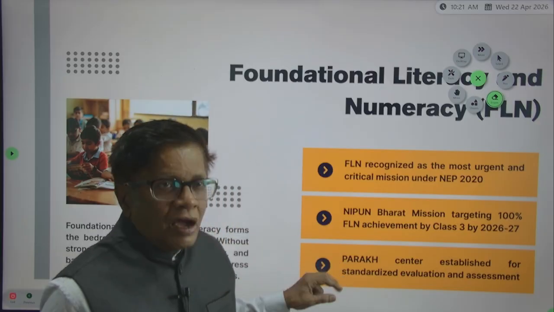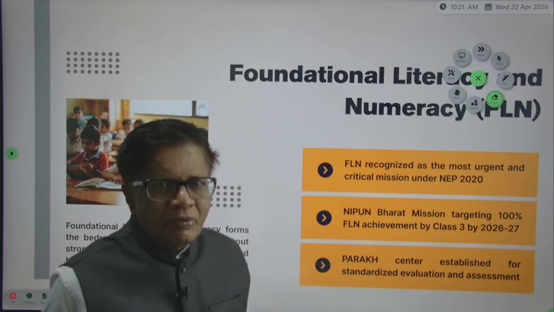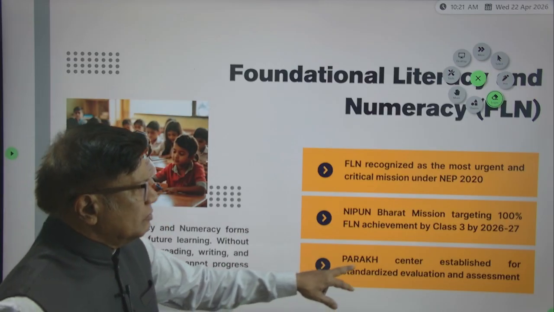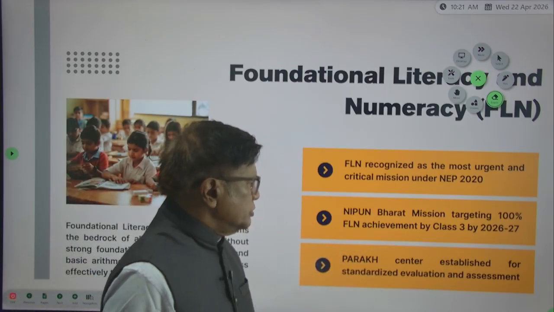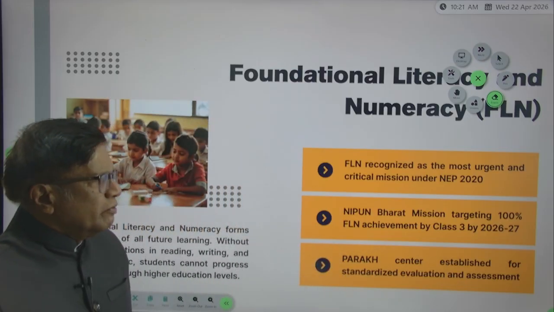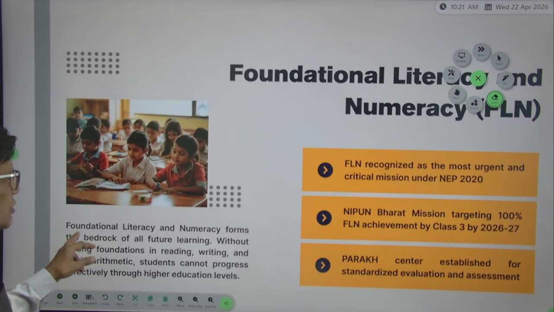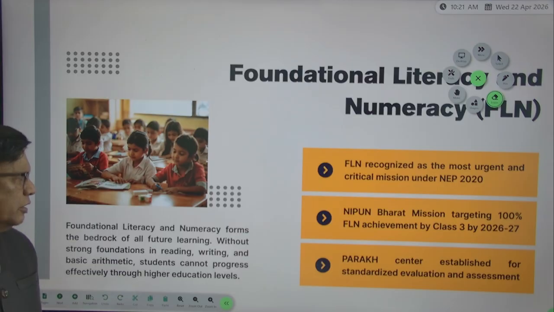And there is another segment of this policy, which is Parakh. Parakh is the one that the center established for standardizing evaluation as well as assessment. Now, foundational literacy and numeracy, which is FLN, forms the bedrock of all future learning.